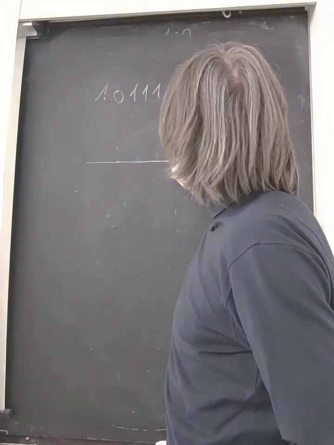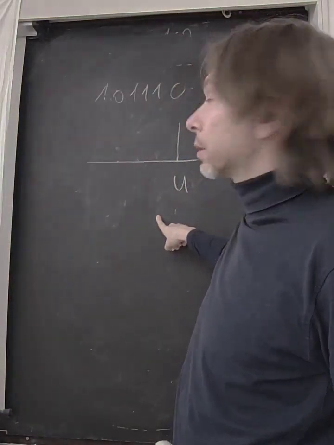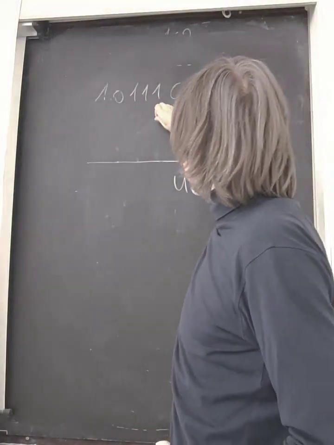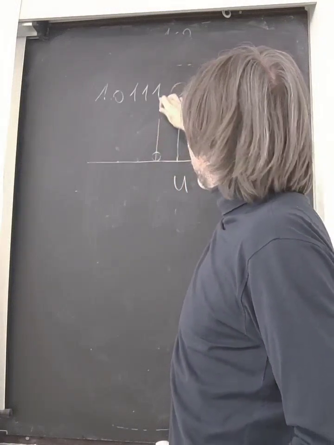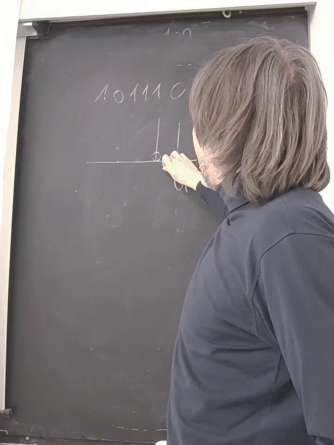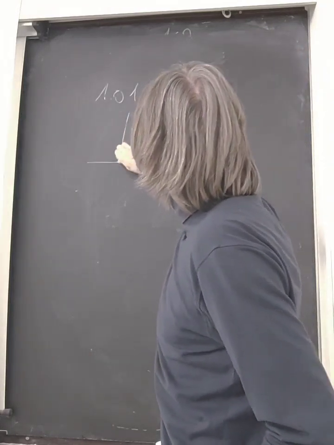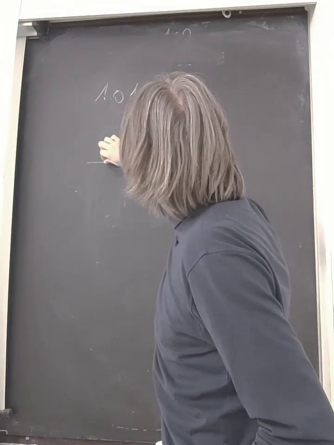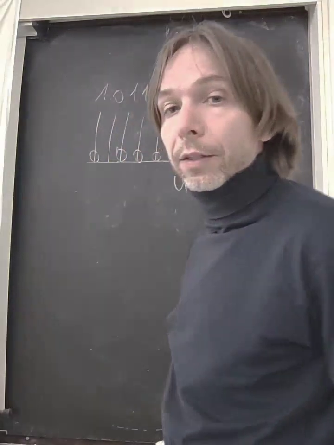So, on the first needle, the one of unities, I have got 0 balls. On the second needle, I have got 1 ball. On the third needle, another ball. Here I have 0 balls. And another ball on the last one.